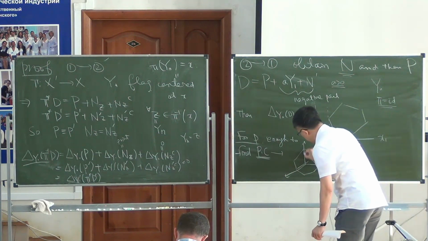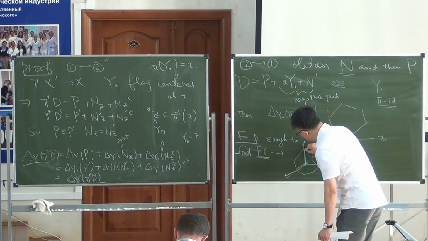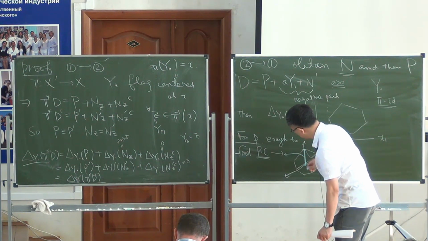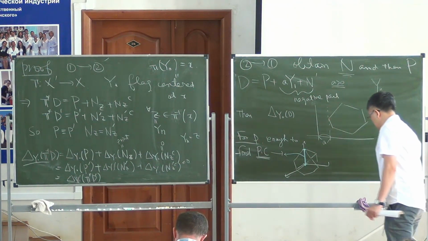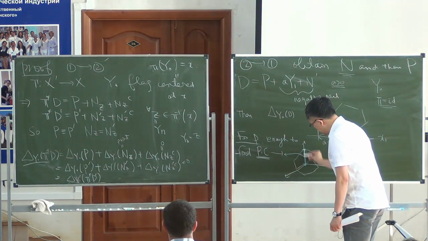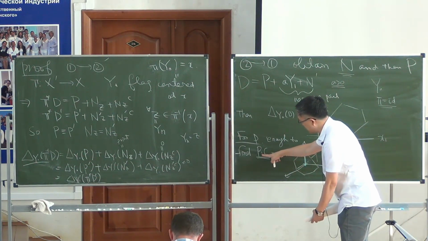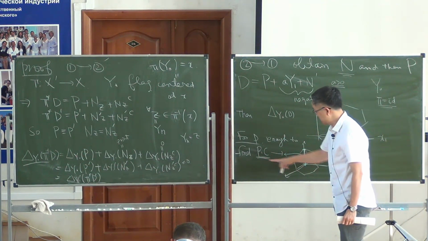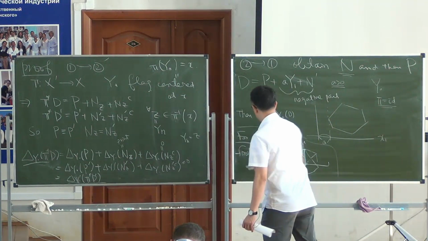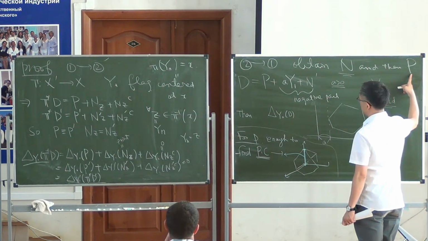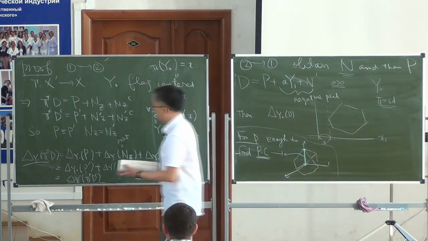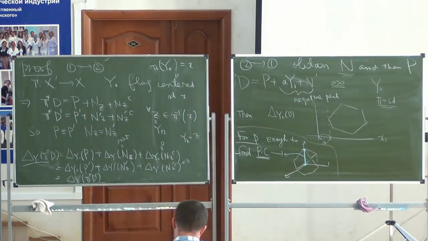Then if you look at the last axis, this corresponds to this. Okay. So the last axis contains the information of the intersection number. So this is the idea to obtain the numerical class of P. Okay, so we have answered this question now.